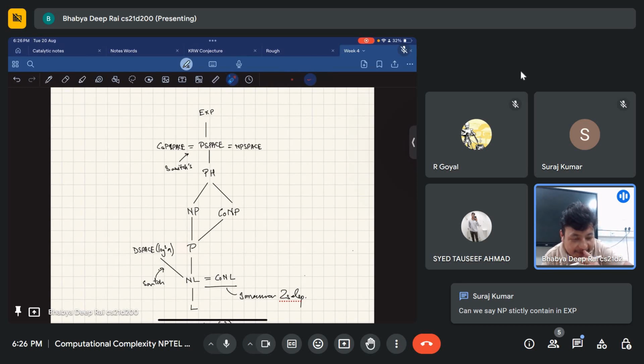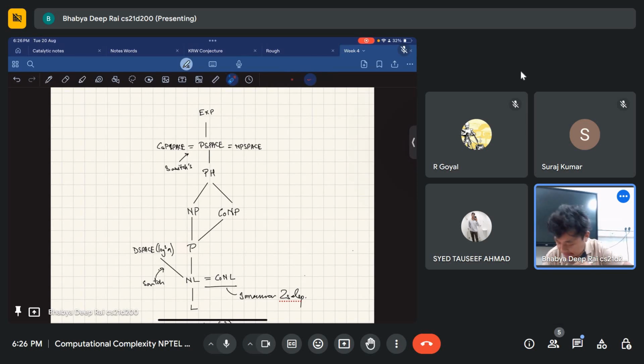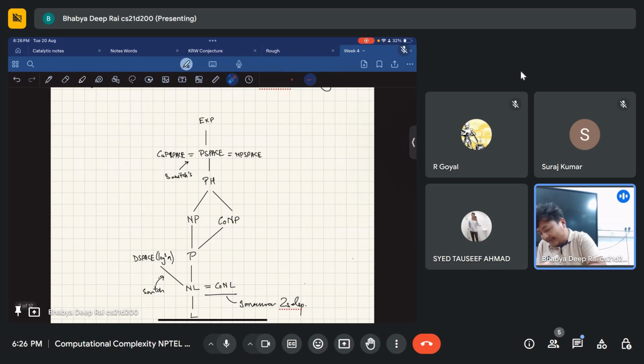Can we say NP is strictly contained in EXP? Let me think about it. Yeah, that part I'm not sure about, Suraj. Well, you can say NP is strictly contained in NEXP because of the non-deterministic time hierarchy theorem.